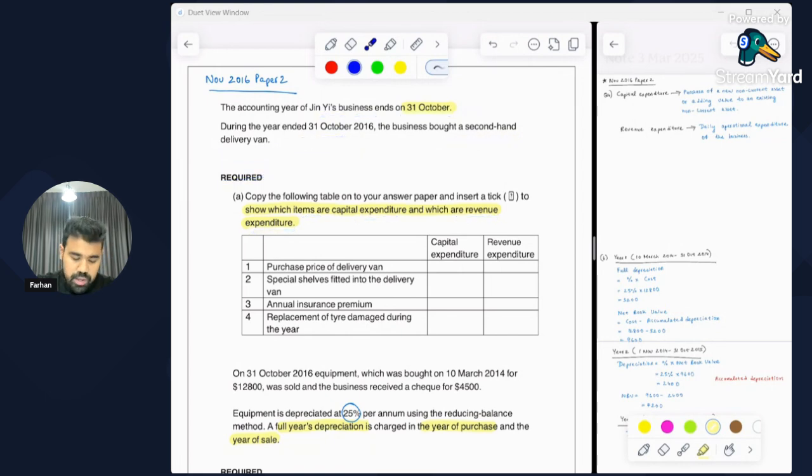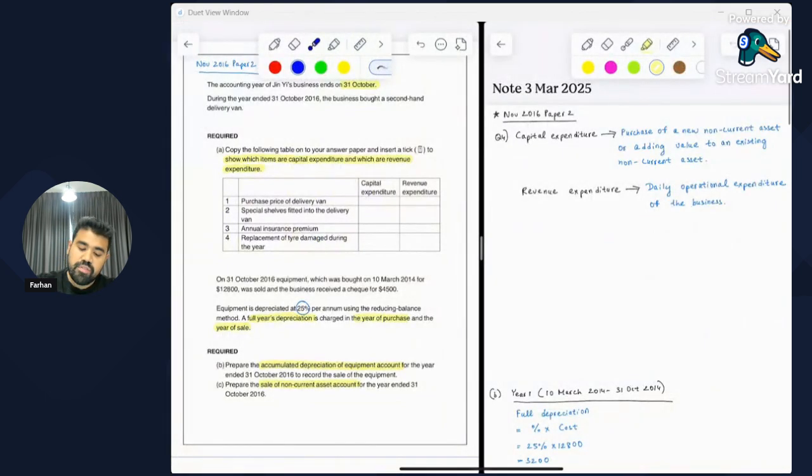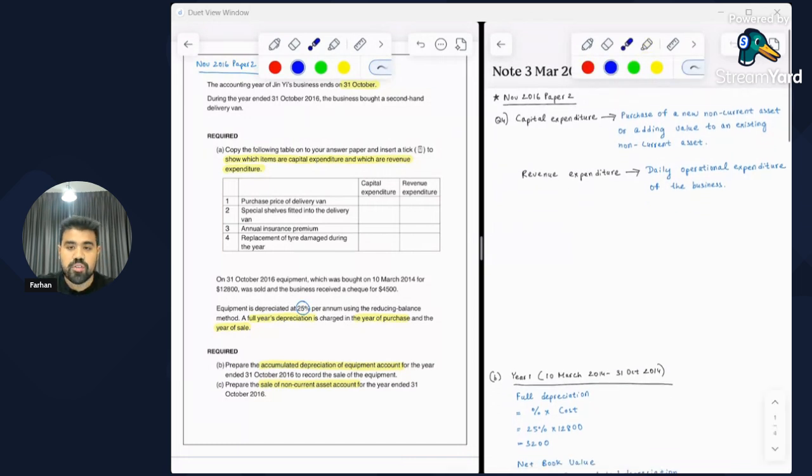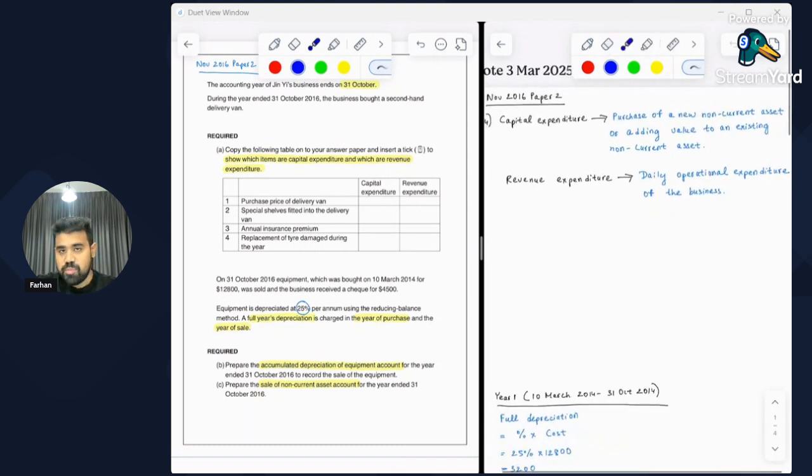Now, before we answer the question, let's try to understand the difference between capital and revenue expenditure. What does capital expenditure stand for? Capital expenditure is basically when you are purchasing a new non-current asset or adding value to an existing non-current asset.